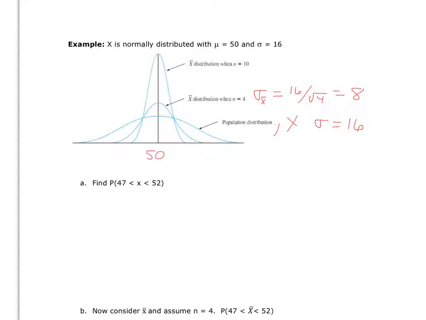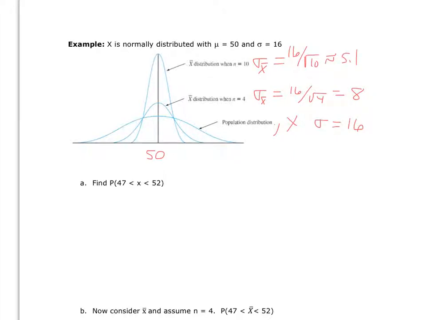And then when we have n equals 10, the standard deviation of the sample mean is 16 divided by the square root of 10. If we round to 1 decimal place, we get approximately 5.1.